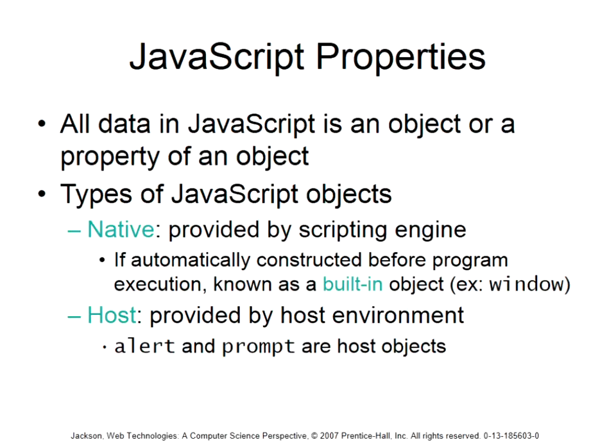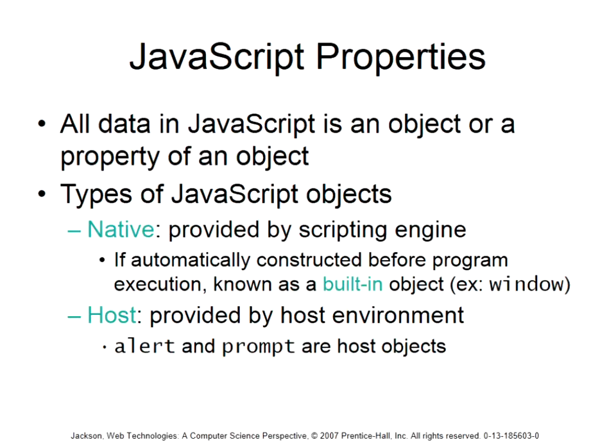There are two types of JavaScript objects: native, that means provided by the scripting engine, automatically constructed before program execution, known as built-in objects. We will discuss the different types of built-in objects in the next slides, inshallah.